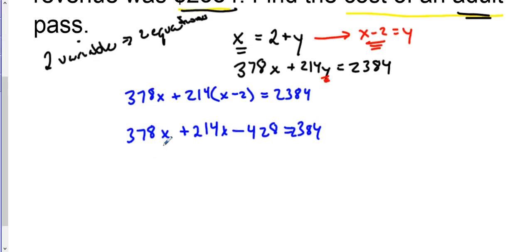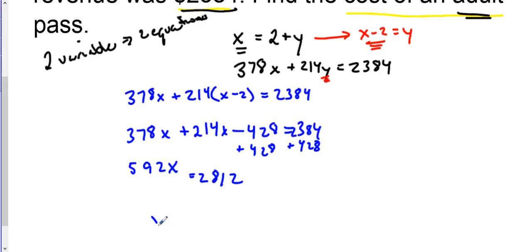We're going to add these X's together: 378X plus 214X gives us 592X. Then we add 428 over here to 2,384, and that equals 2,812.